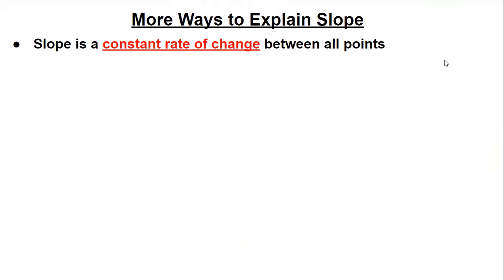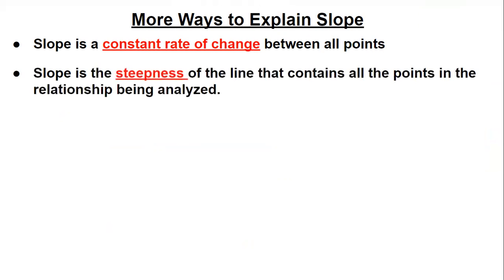Okay. Let's talk about a few more ways to explain slope. Slope is a constant rate of change between all points. Slope is the steepness of the line that contains all the points in a relationship being analyzed.